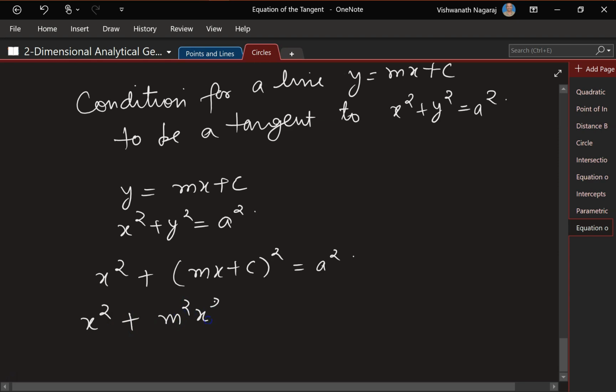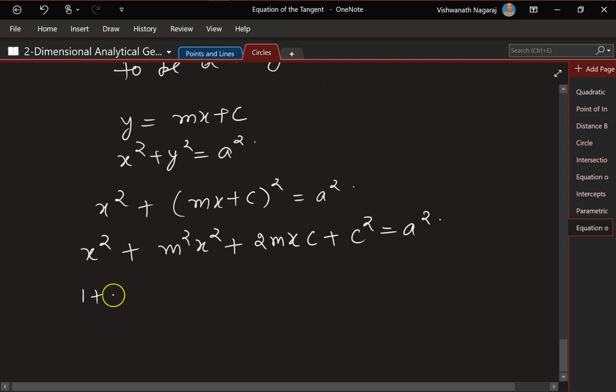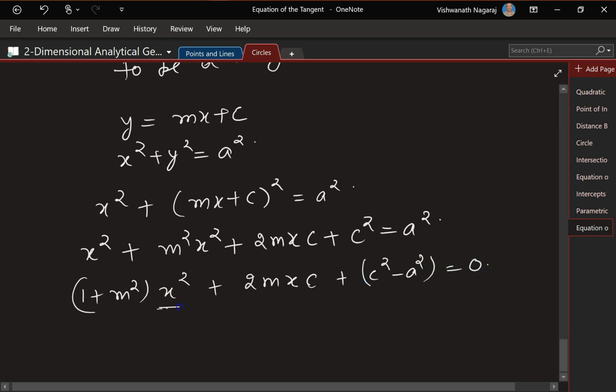M square x square plus 2mxc plus c square is equal to a square. So 1 plus m square x square plus 2mxc plus c square minus a square equal to 0. Now this is a quadratic equation in x.